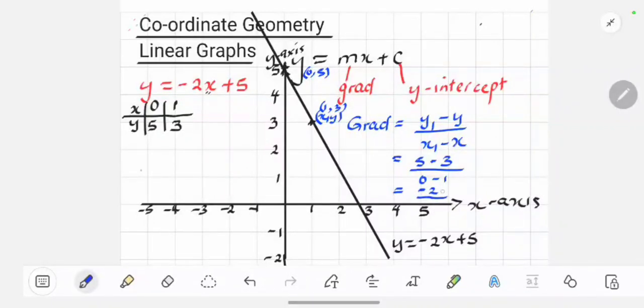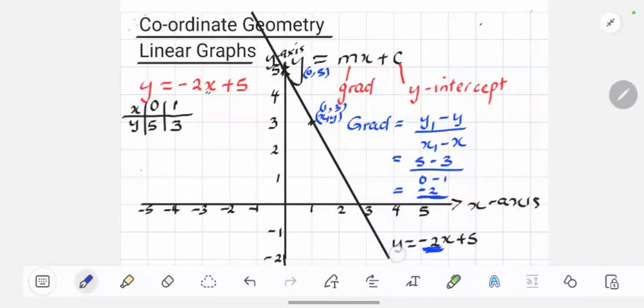So I want you to compare this gradient and the gradient which we have, which is, if we are to place our equation in this format, that is the coefficient of x. So sometimes if you have got the equation of the line, there is no need for you to calculate the gradient using the coordinates.